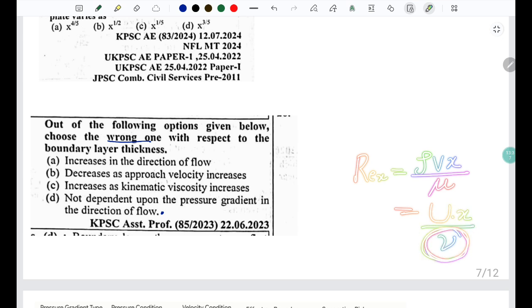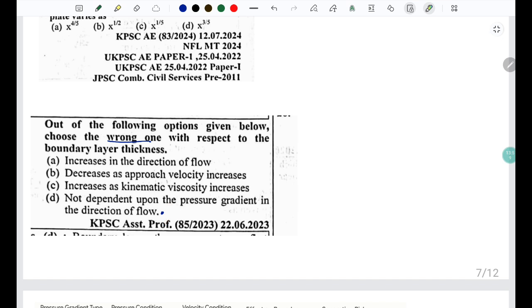So if you increase the kinematic viscosity, you are bound to decrease the Reynolds number, and since delta is inversely proportional to the square root of Reynolds number, if you decrease it, delta will eventually increase. Hence this statement is also correct. So is this. The only remaining statement is this. Hence this one is the wrong.